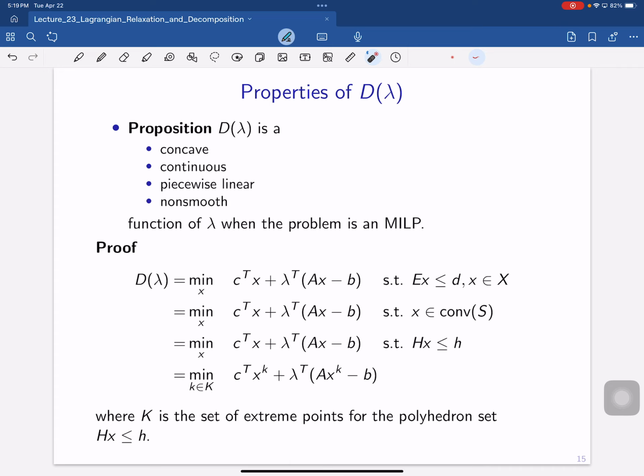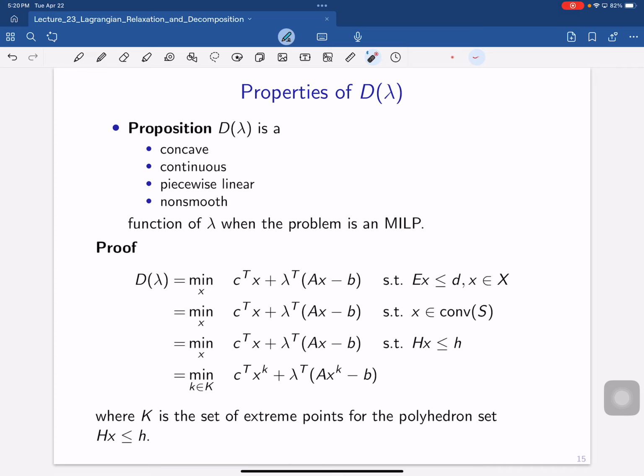None of these steps are what we are going to implement. These steps are just to show you theoretically that d lambda has to satisfy these properties. Then once we know this theoretical property, we can develop a more practical algorithm to handle that. Thanks for asking.